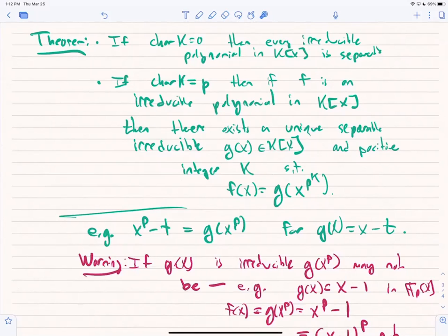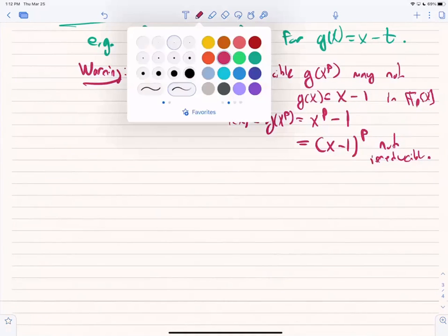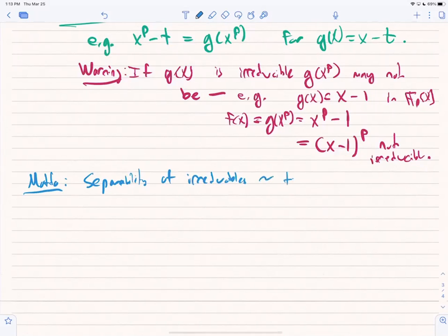So what this is saying is, the motto is separability of irreducibles has something to do with taking p-th roots in characteristic p.